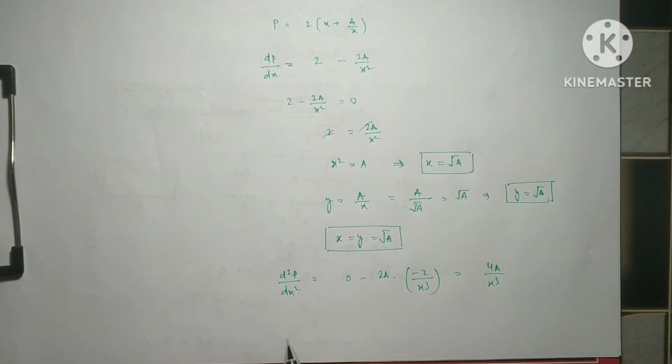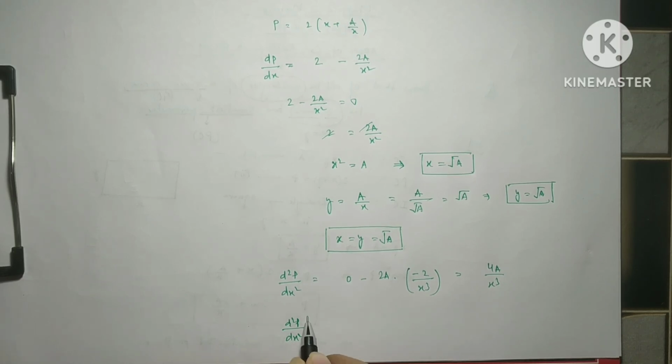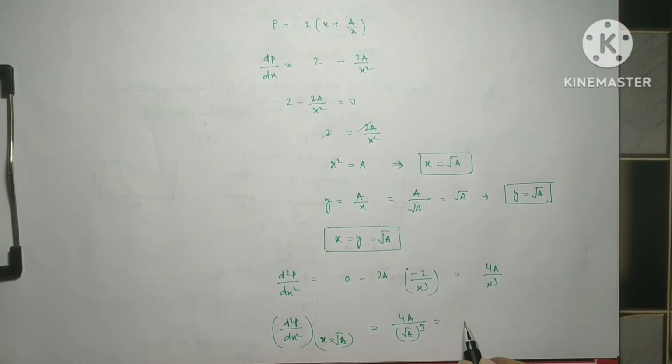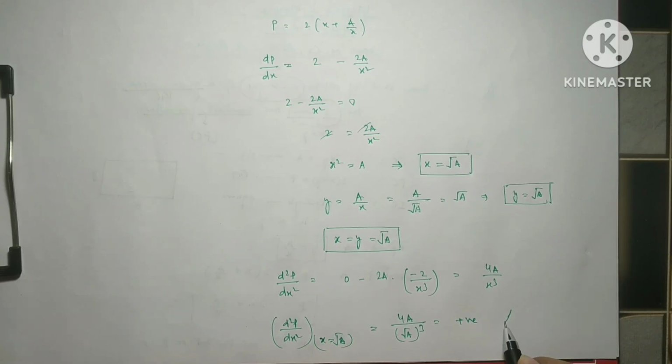So d2p over dx square at x equals root a gives a positive value, which shows it is least, or smallest.